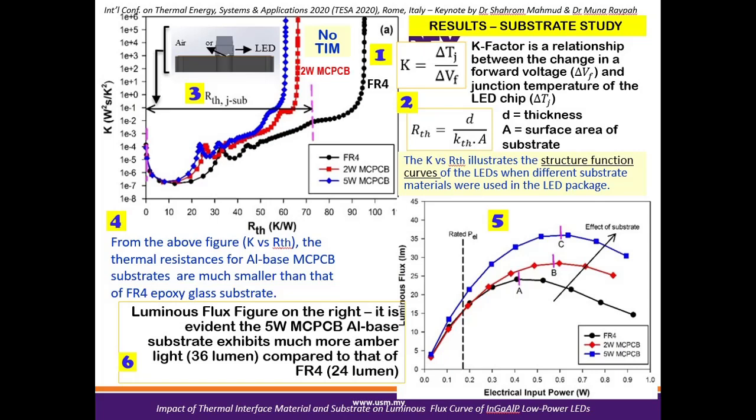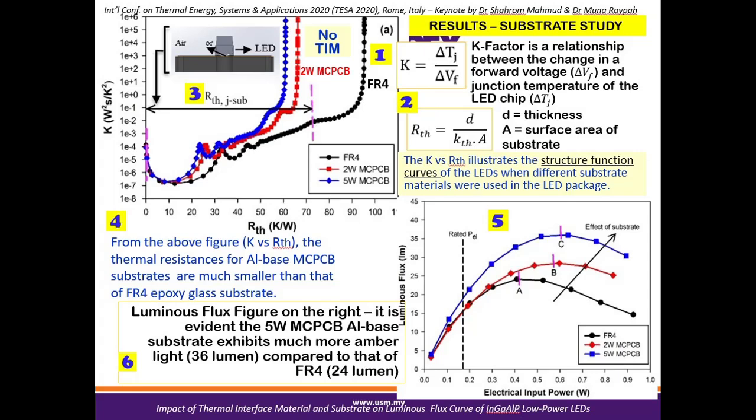The blue curve shows the best response in terms of luminous flux, and that blue curve belongs to the aluminum metallic substrate with the 5 watt model, and the maximum is about 36 lumens at 0.6 watt power, compared to the lowest value for the luminous flux, which is the black curve that belongs to the epoxy glass FR4 sample. The lumens is just around 24 lumens.